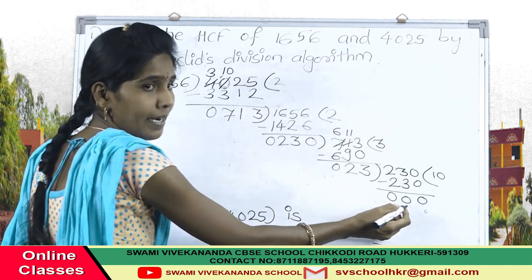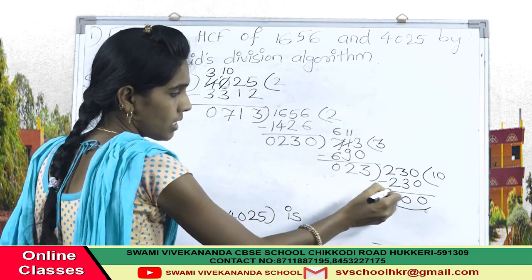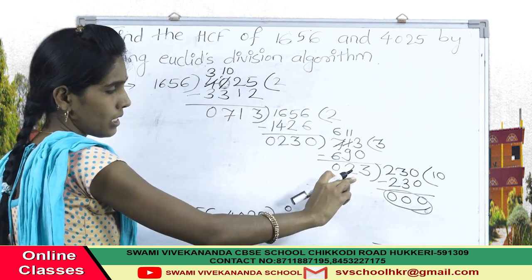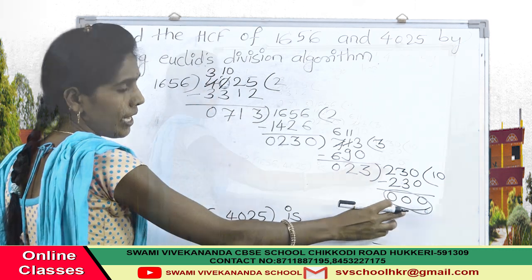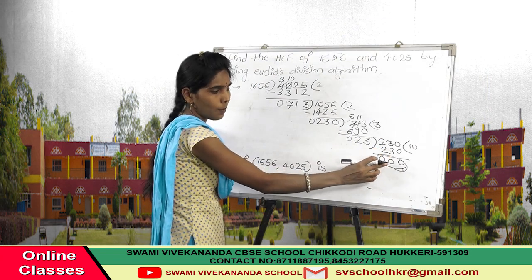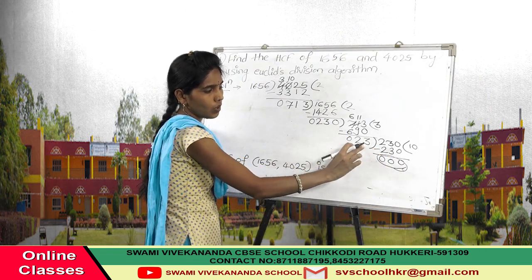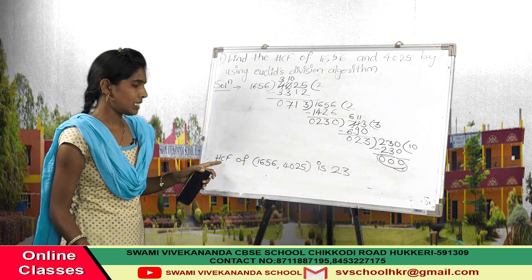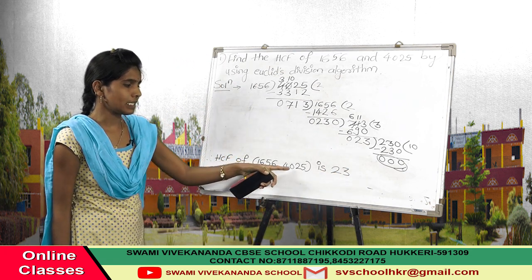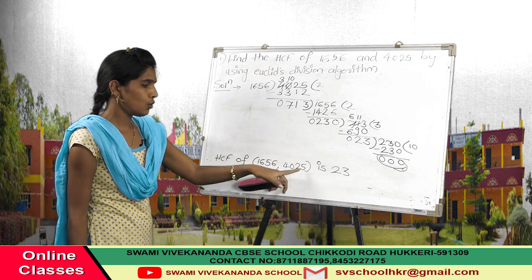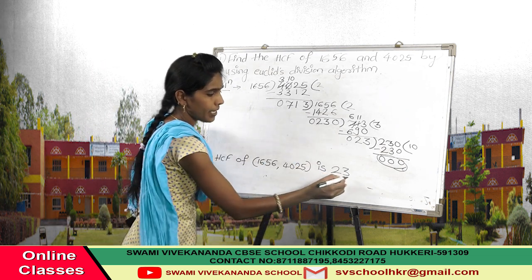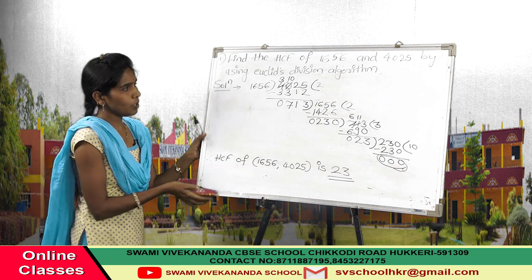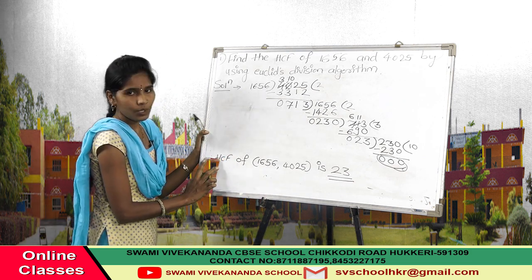Wherever our remainder is 0, that divisor you have to consider as the HCF. This is our HCF of 1656 and 4025. HCF is 23. Let's see one more example using Euclid's division algorithm.